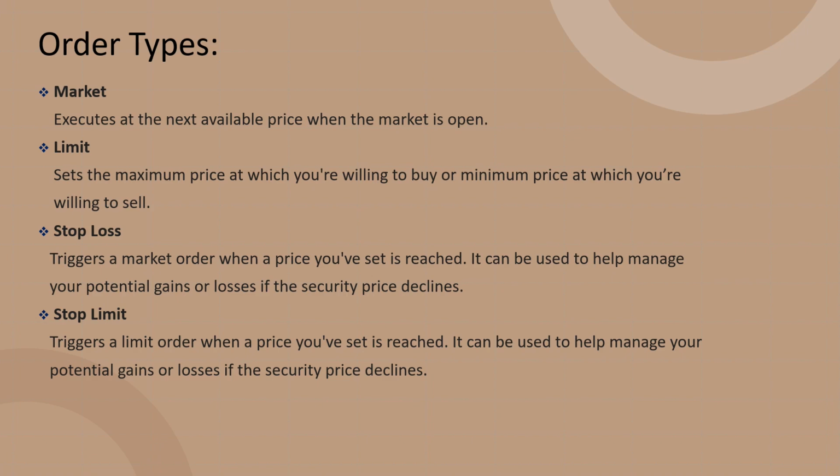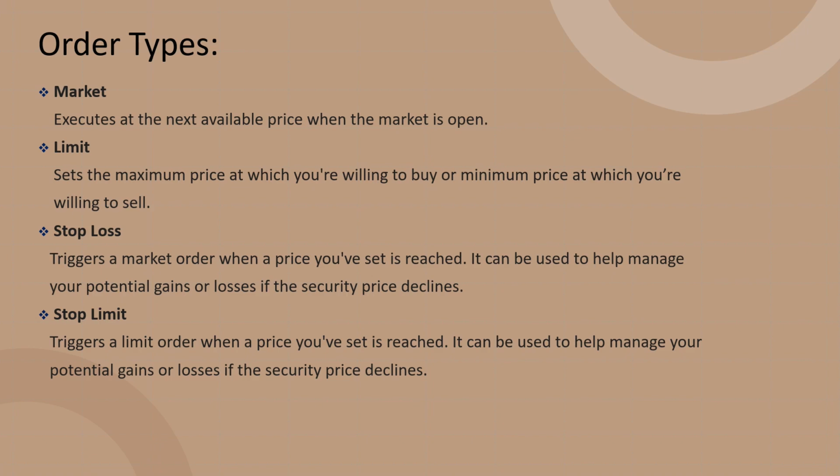If Apple just jumps to 105, your trade will get executed at 105. I'm just giving you an example. Okay, so normally that is risky. A market order is very risky because if the market is volatile, then you could end up with a price that you are not comfortable with.